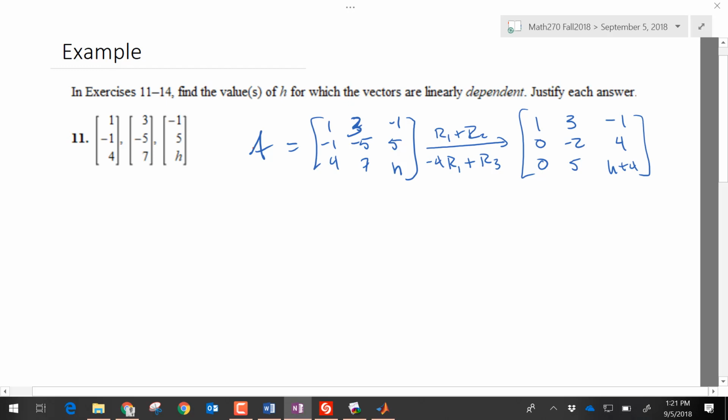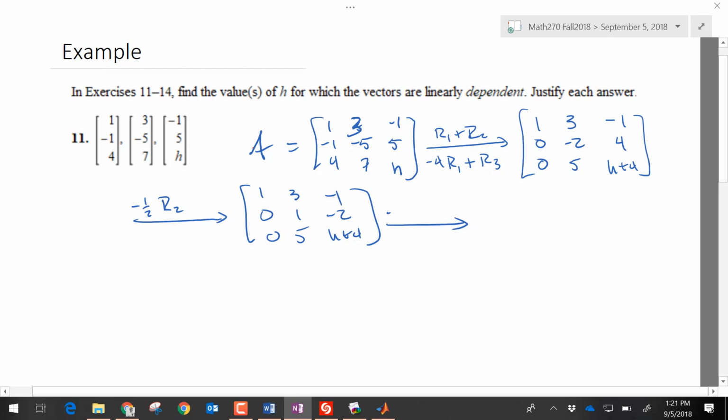And then let me take an extra step, because we can just multiply the second row by -1/2. That gives 1, 3, -1, 0, 1, -2, 0, 5, H. That might make things a little bit easier for us when we get rid of that last one.